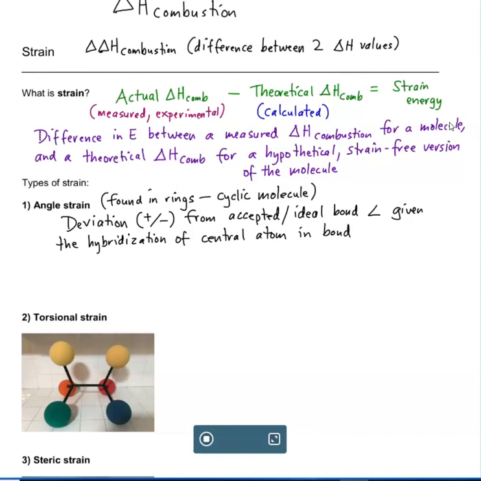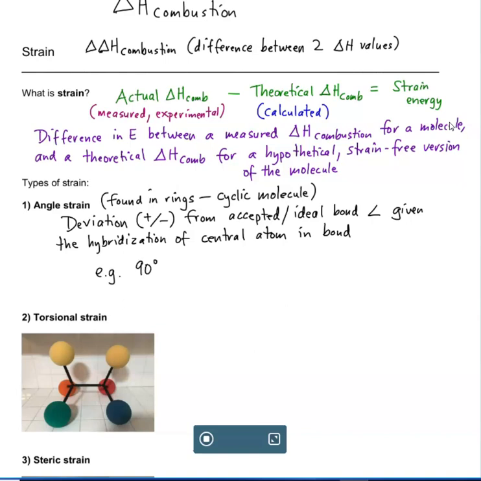Okay, so accepted and ideal bond angles. Well, you know these. For example, for an sp3 carbon atom, the ideal bond angles, or the typical bond angles around such a carbon, are going to be 109.5. So if you have an sp3 carbon and the bond angle around it is only, let's say, 90, that's a fairly significant deviation from 109.5 degrees. And so that would constitute an example of angle strain.